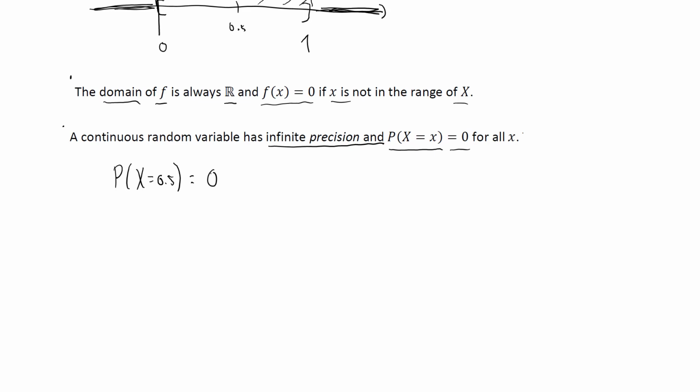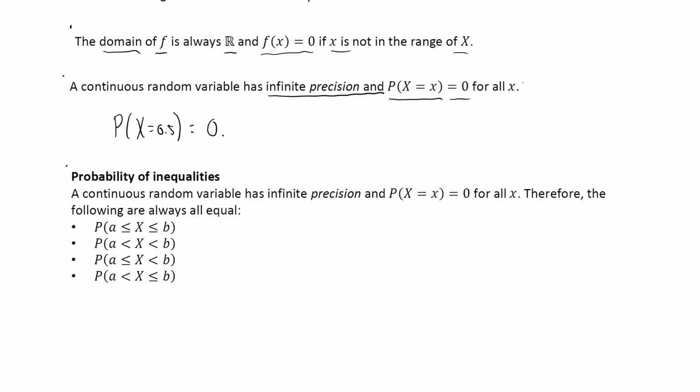Since the probability of taking on a specific value is 0, the consequence of evaluating probabilities of inequalities will be as follows. So this probability that X is greater than or equal to a, less than or equal to b, is the probability that you end up in this interval, including a and b, while this probability is the probability that you end up in the open interval a through b, where a and b are not included.